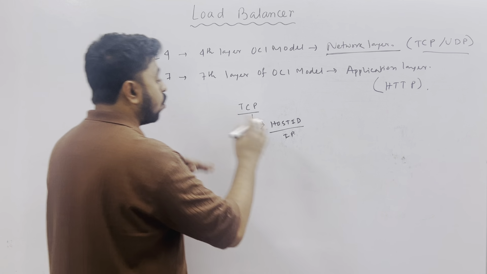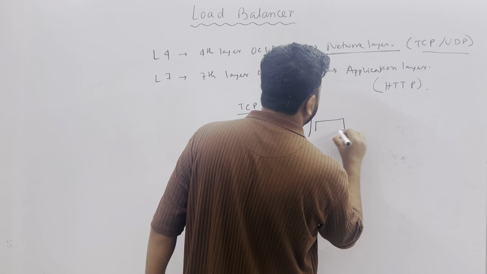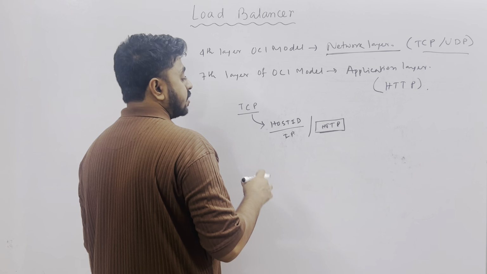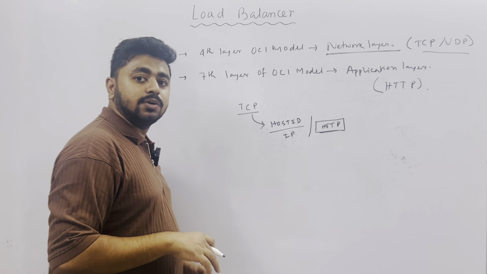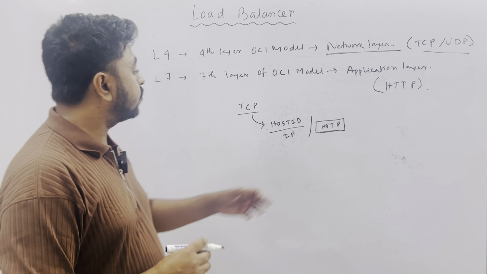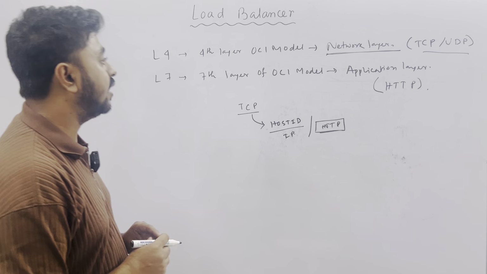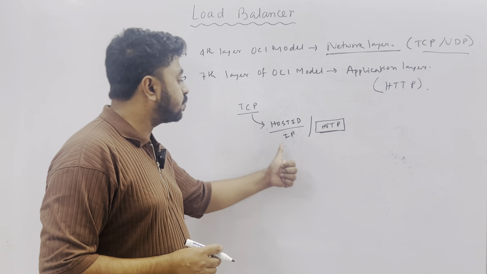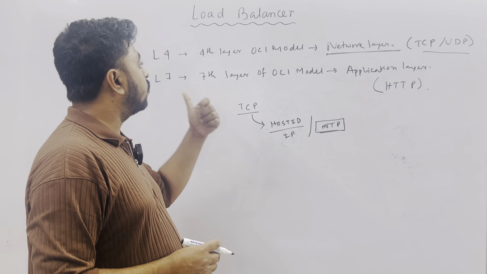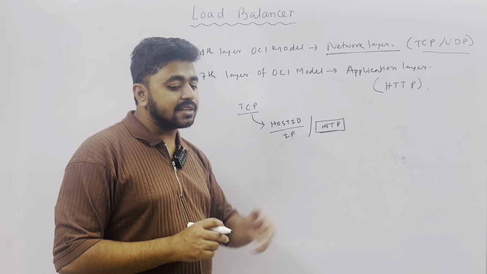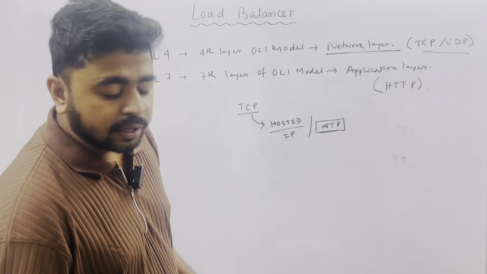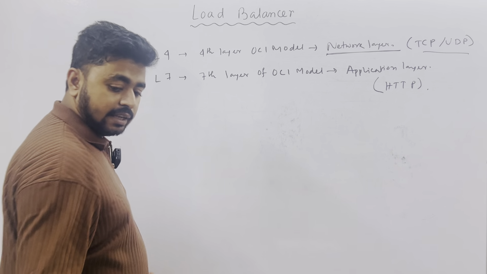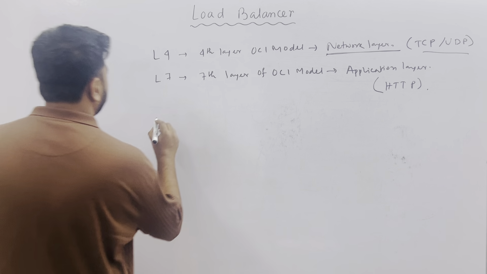It doesn't go into the HTTP related details, such as whether you are sending a GET request or a POST request, or whether you are asking for details of any user or product. It directly checks the details from your TCP, from your network layer, and it just redirects your request. So, we will talk about L4 now, okay. Where do we need to use L4, right.